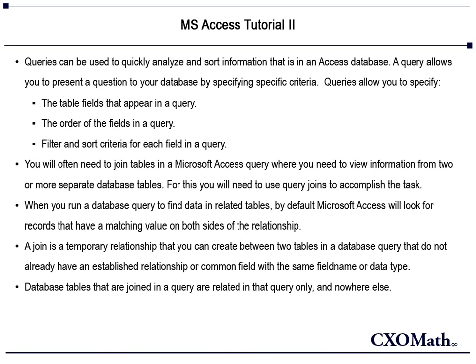You will often need to join tables in a Microsoft Access query where you need to view information from 2 or more separate database tables. For this, you will need to use query joins to accomplish the task. When you run a database query to find data in related tables, by default, Microsoft Access will look for records that have a matching value on both sides of the relationship.